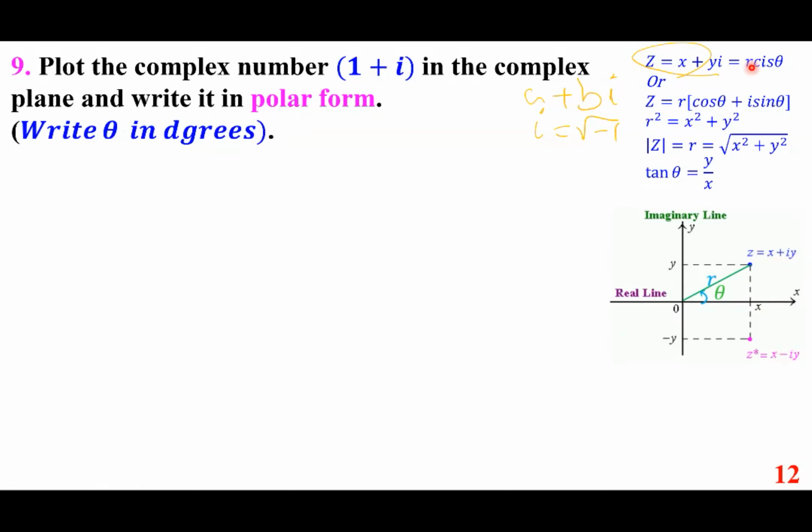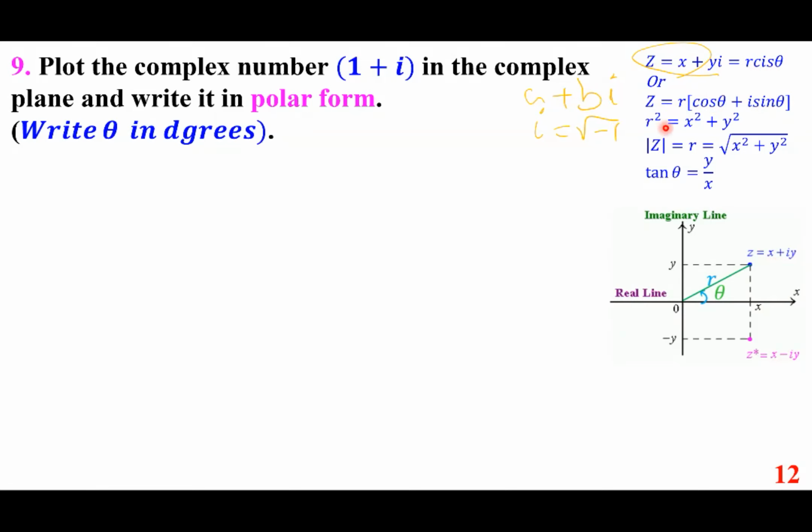We can represent this with r cosine theta plus i sine theta, and r cis theta is an easy version of that representation. C stands for cosine, i stands for this i, and s stands for sine theta. So this is the abbreviation. It's easier to write it in this fashion.